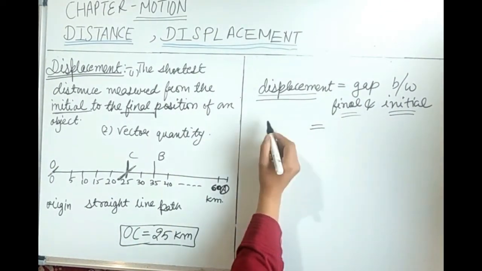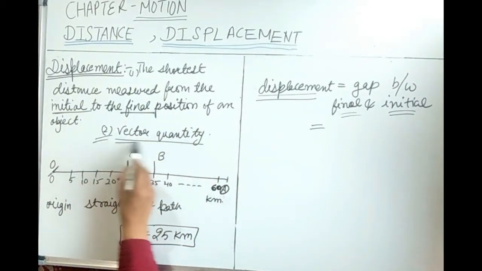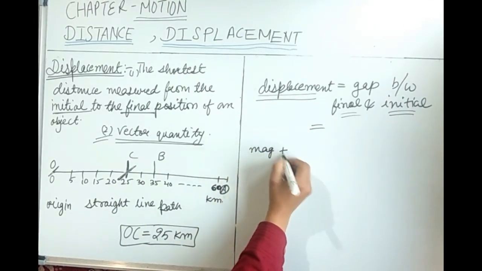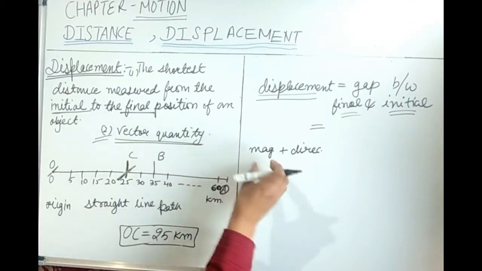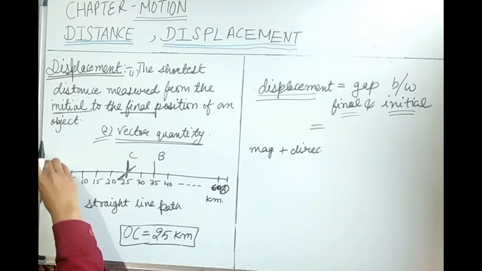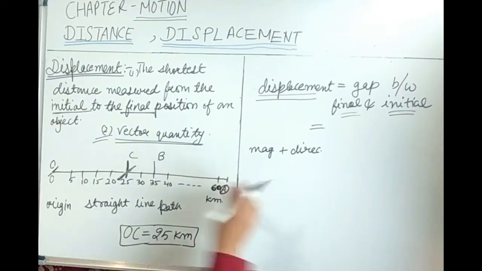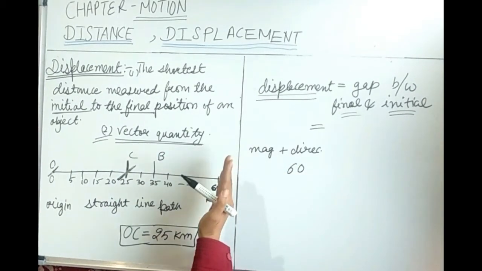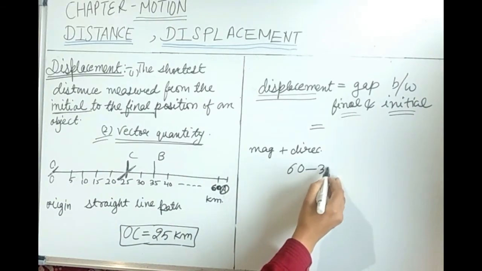And the next point is displacement is a vector quantity. It is dependent on magnitude and direction both. How is it dependent on magnitude and direction both? When the object started from here O and it reached A, the total distance covered was 60, and when it came back from A to C, we have to subtract that distance.